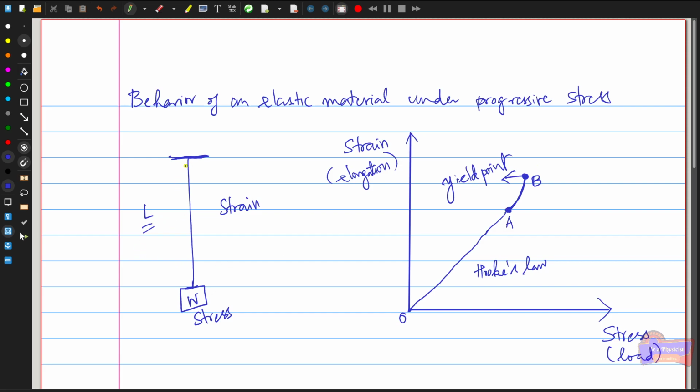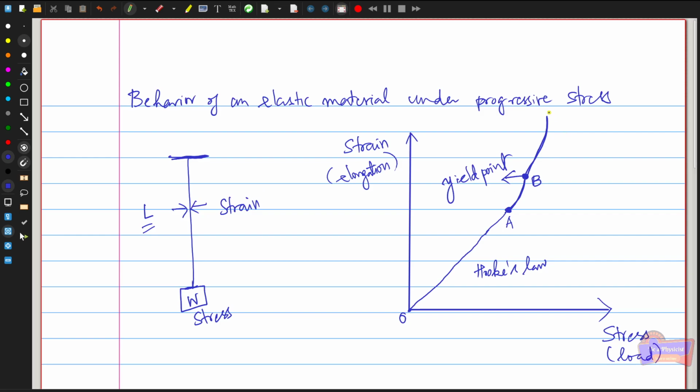Then the extension of the wire keeps on increasing rapidly, depending upon the time for which we are applying the load. The length goes on increasing, and at the same time the area of cross section of the wire keeps on decreasing.